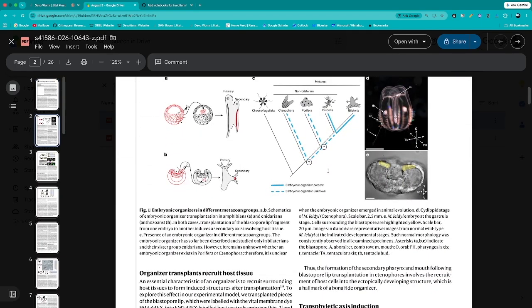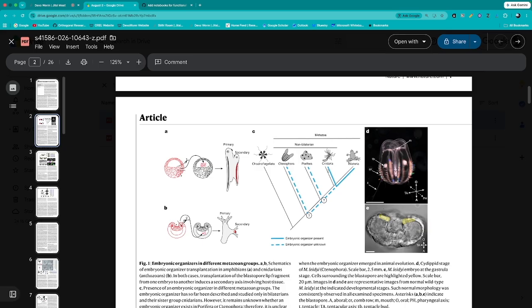Okay, so this is figure 1. This just shows embryonic organizers in different metazoan groups. So you have bilateria up here, represented by a frog, cnidaria here, represented by a comb jelly, and then you have these earlier groups, Porifera and ctenophora.